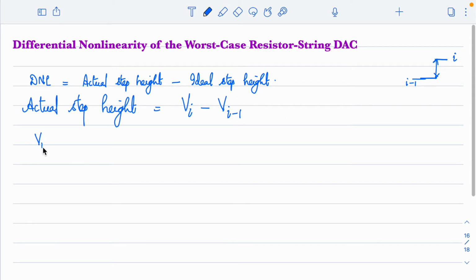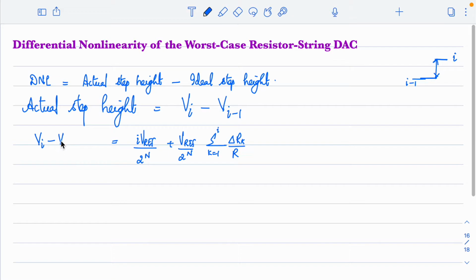Vi can be written as I into Vref divided by 2 to the power of n, based on the formula we derived yesterday, plus Vref divided by 2 to the power of n into the summation k equal to 1 to I of delta Rk divided by R. This is for the ith position.